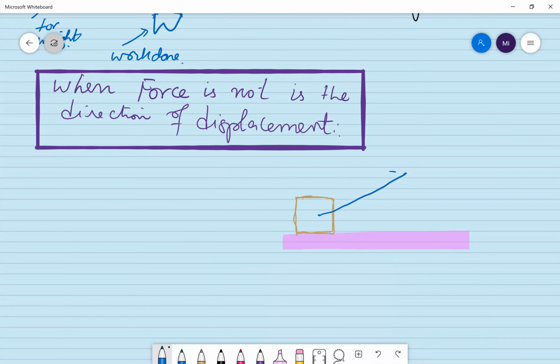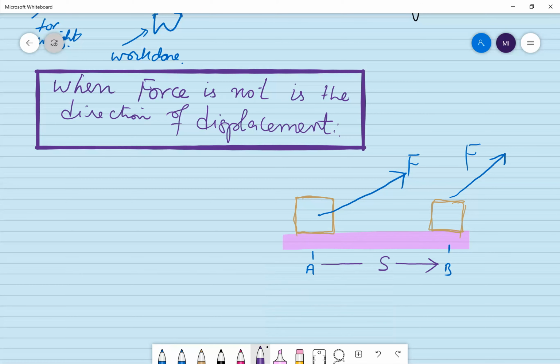There is a force acting on the box, and the box has to be displaced from point A to point B. After some time, the box's new position will be this one, and the net displacement is S.